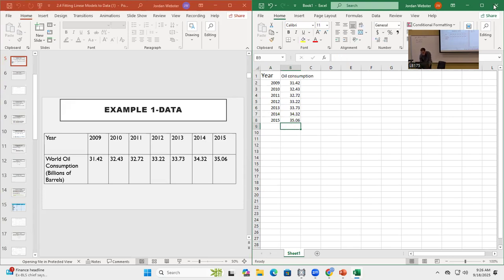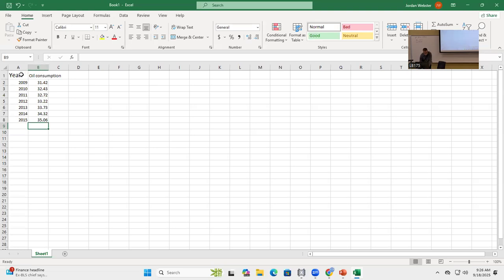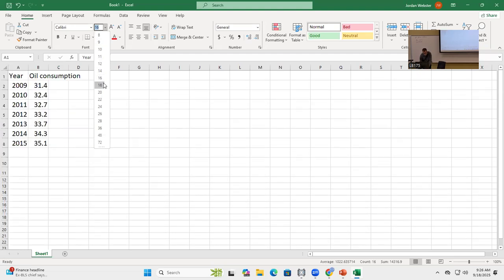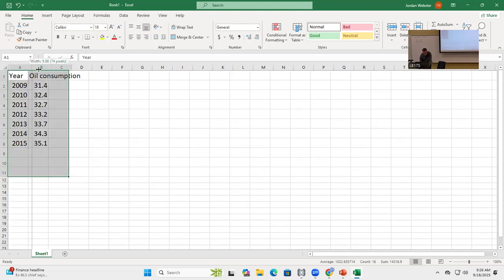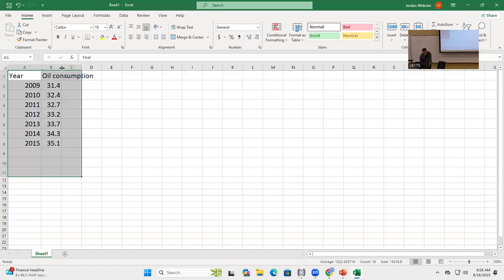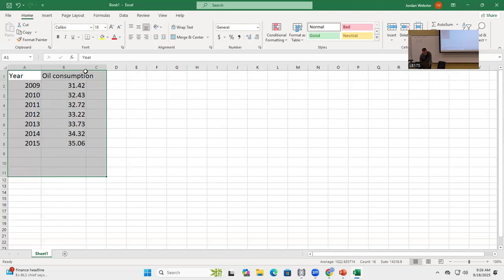I think I got all those right. Let me make these slightly bigger. So there we go. So there's the year and the oil consumption.